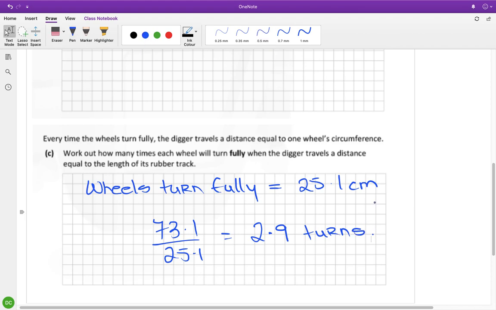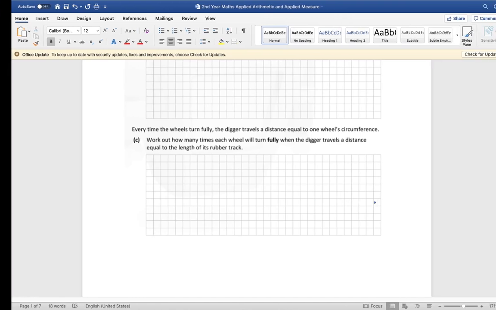So work out how many times each wheel will turn fully when the digger travels a distance equal to the length of its rubber track. So I think that's 2 full turns.